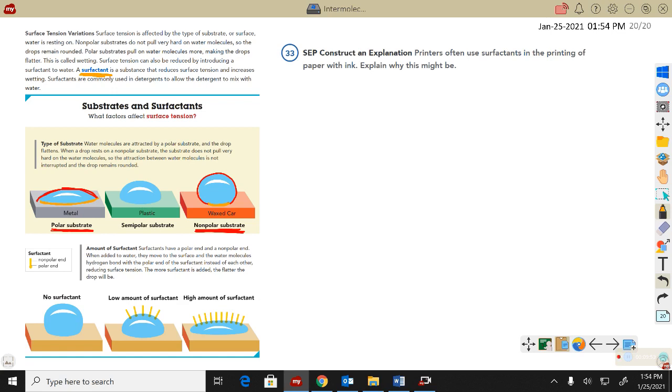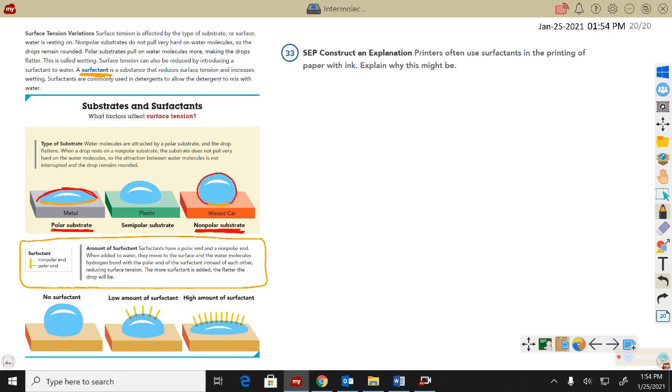So these are usually pretty sophisticated molecules. They're really big molecules that have two regions connected to each other. There's usually a polar region, and often that's called the head.